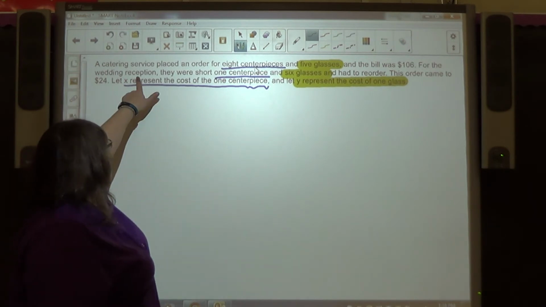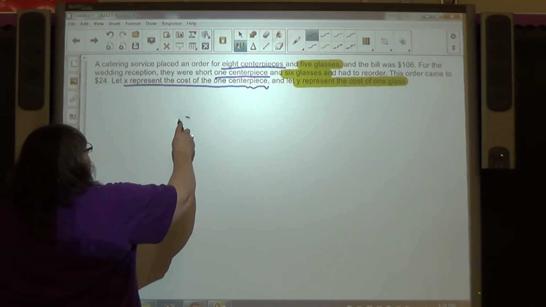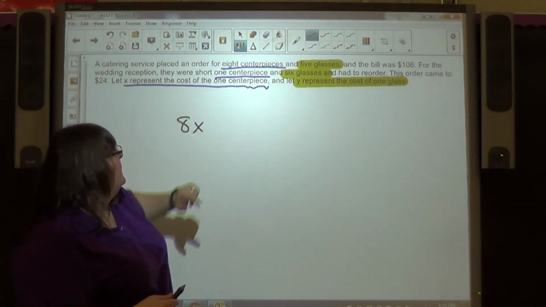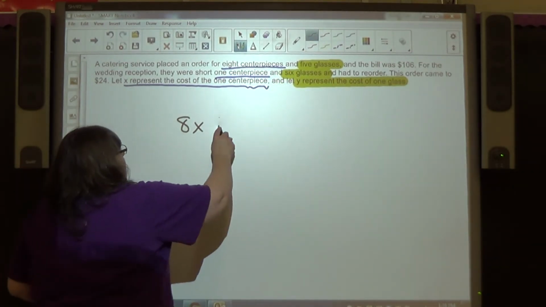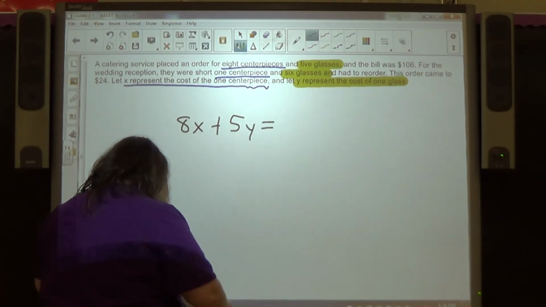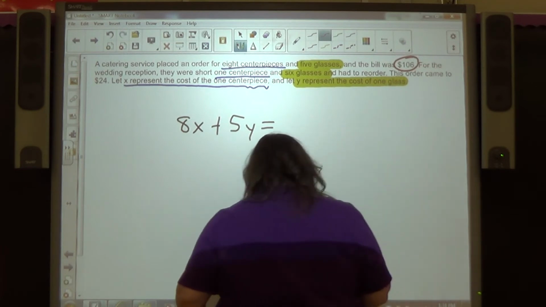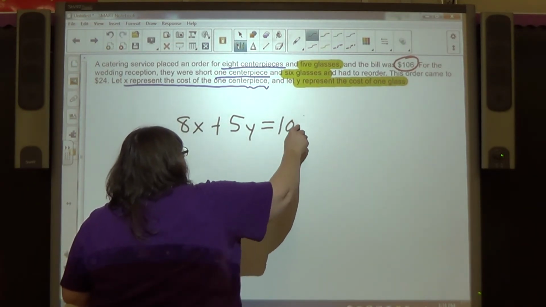Okay? So, we have an order for 8 centerpieces. Well, 8x, right? Because x is the centerpiece. And 5 glasses, 5y, equals. And then what is the value that we have? $106. So that is equal to 106.